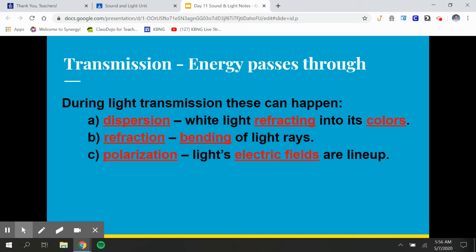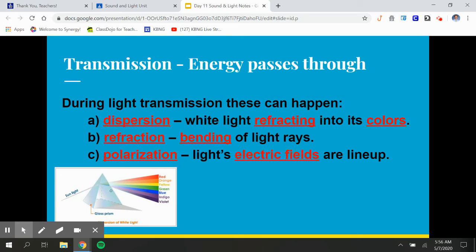And then there's polarization, and that's when the electric fields in the light are lined up. If you have really nice sunglasses, a lot of the times they are polarized, and so they'll reduce the severity of the light or the intensity by lining up kind of like a shield with one of the electric field lines.